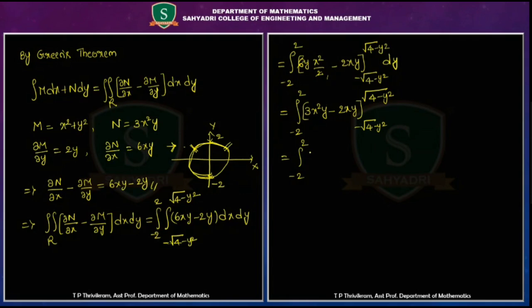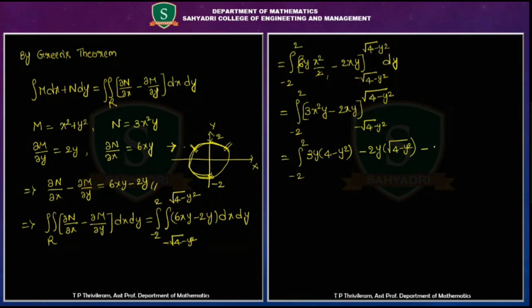How much you'll get? 3y into root of 4 minus y square whole power 2. So that means root get cancelled. 4 minus y square. Minus 2y into root of 4 minus y square. So this is upper limit minus lower limit.